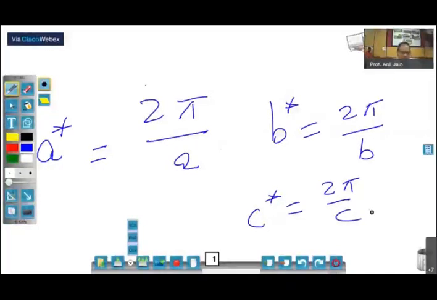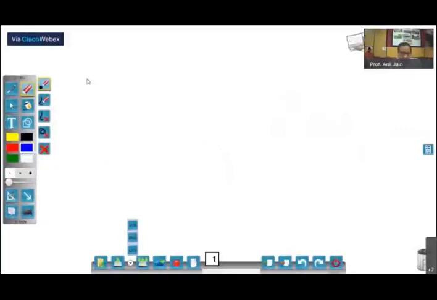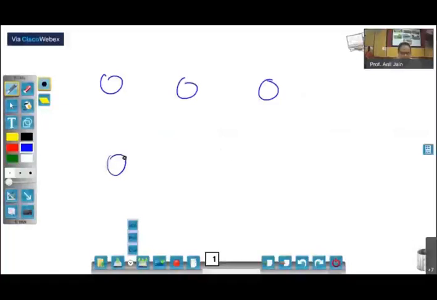Now suppose you have an orthorhombic system and you know the reciprocal lattice vectors. Now you can draw the reciprocal lattice of your system. These are the reciprocal lattice points I am trying to draw in the AB plane.